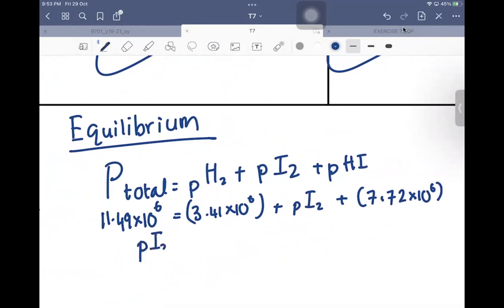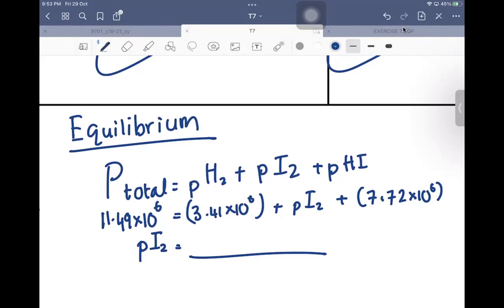You work out the partial pressure of iodine at equilibrium. Do I have a number? Sadly, I do have a number. Actually, I can do it now. 11.49 minus 3.41 minus 7.72. So that is 0.36.